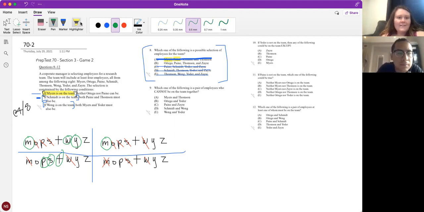Also, I forgot an important thing on this. We have to make sure that there's at least 4. Does that play a role in any of our scenarios? Oh yeah, I think for the top right one, T, Y, Z have to be in.